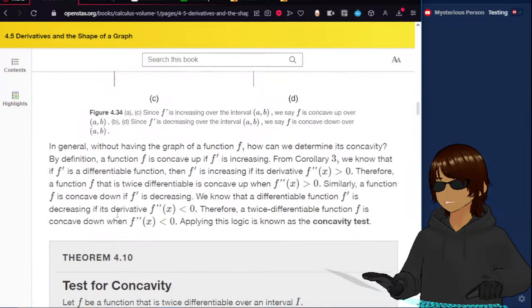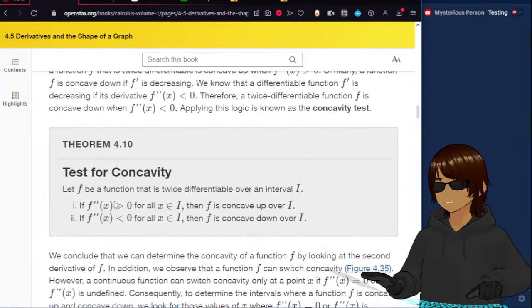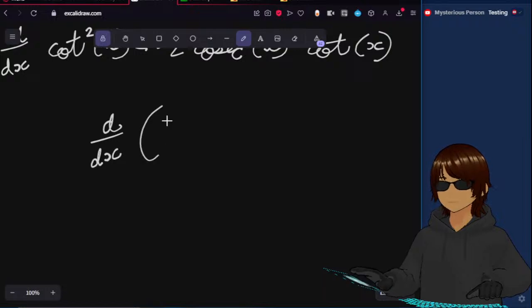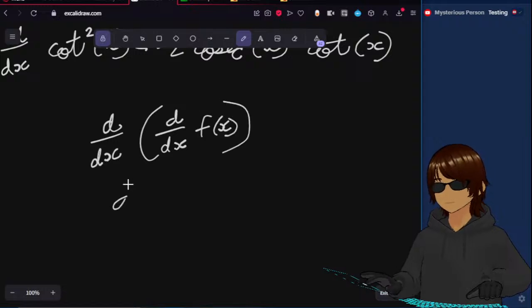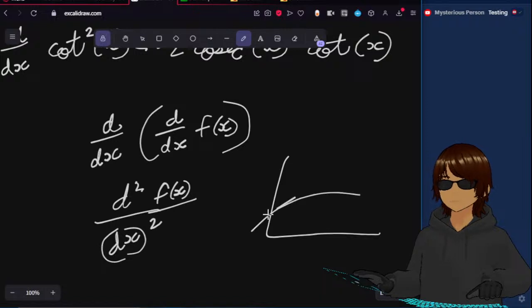If the double derivative is more than 0, so the double derivative would be like the derivative of the derivative. The derivative is the gradient.